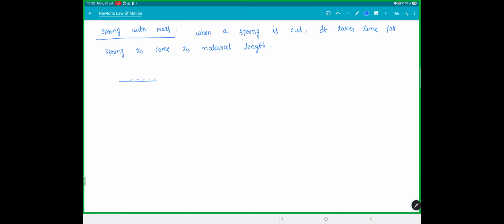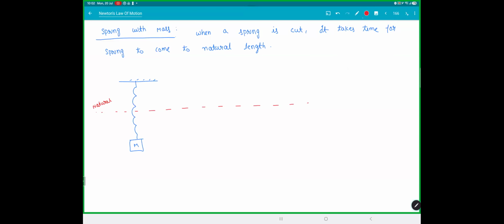Let's say this is how it looks. Let's say this is the natural length. Now you're cutting it here. The moment you cut, this block still remains at the same place.